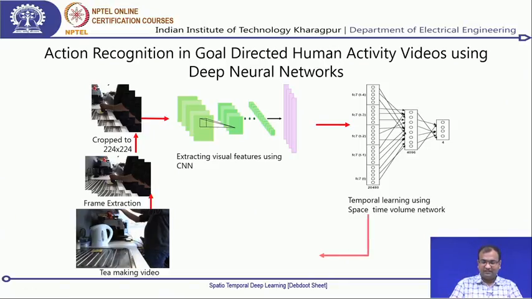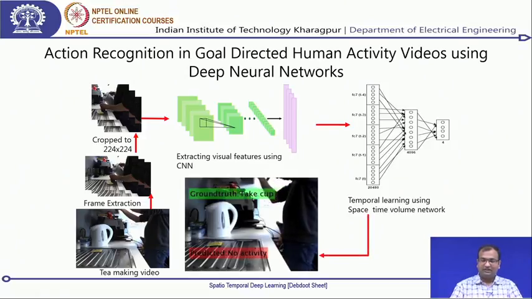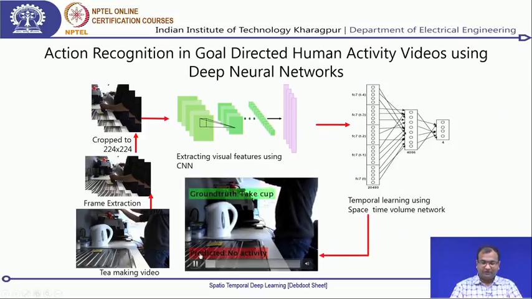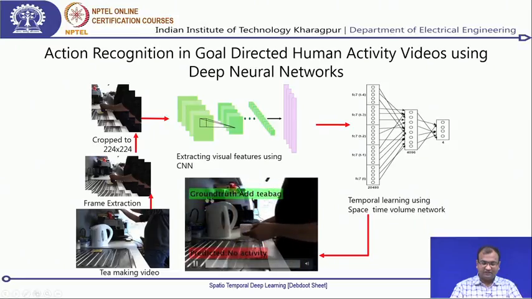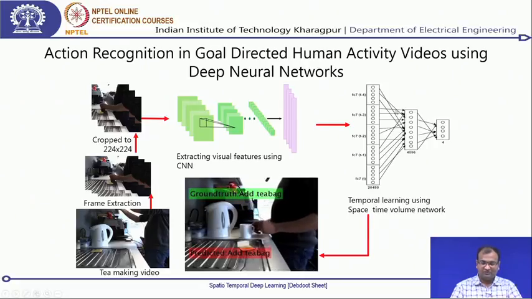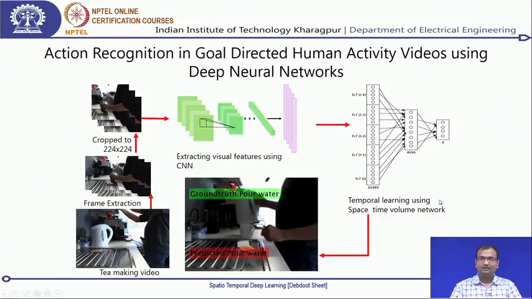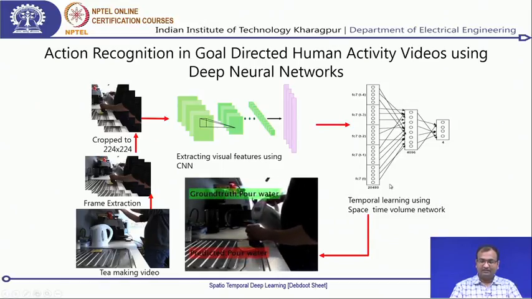However, the good side is that you can now use just a fully connected network. Now, on the green you have the ground truth, which is the actual class of activity which is going on, and on the red you have the predicted class coming out of this example of spatiotemporal deep learning.